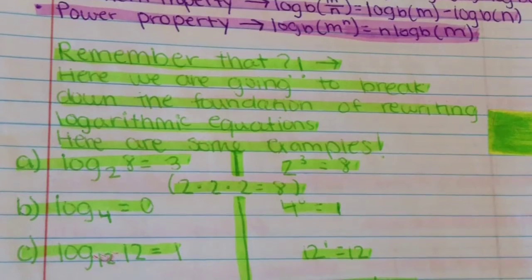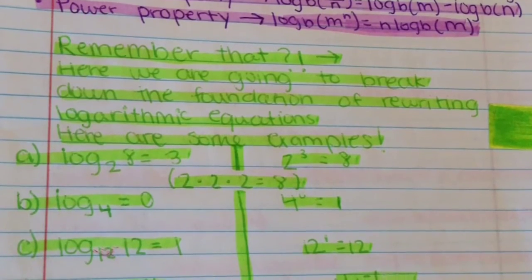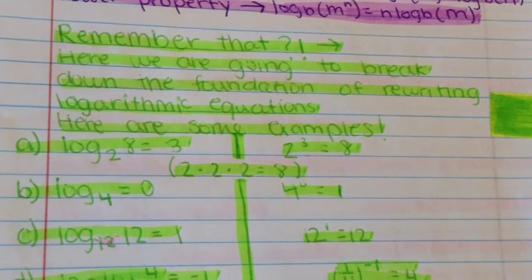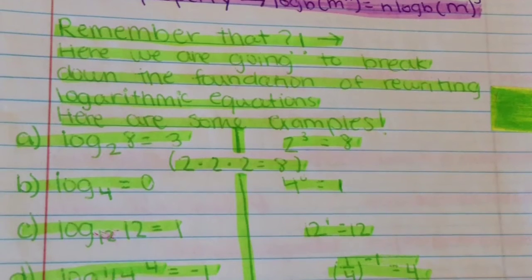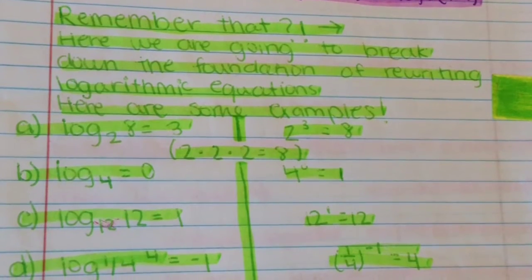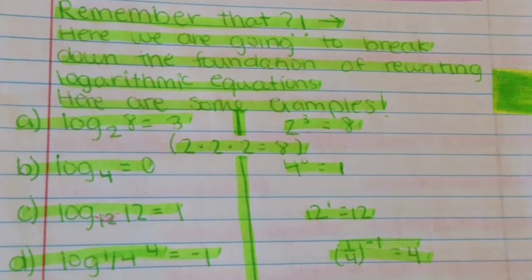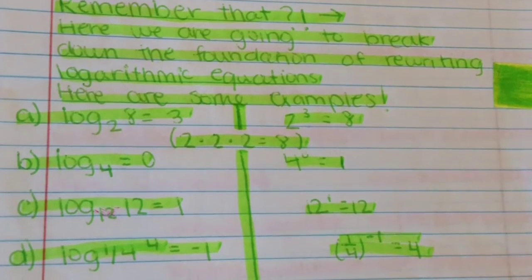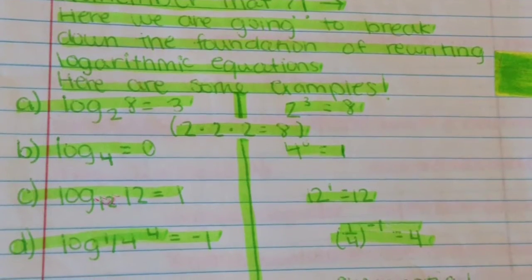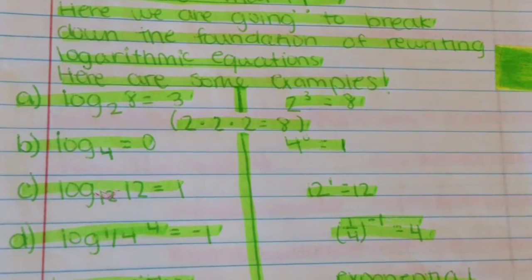Okay, and down here, we're going to look back and see how logarithms relate to exponents, and it'll give you a clearer vision of how they're used. For example A, log with a base of 2 of 8 equals 3, and that relates to 2 cubed equals 8. And then for B, log with a base of 4 of 1 equals 0 because 4 raised to the 0 equals 1.